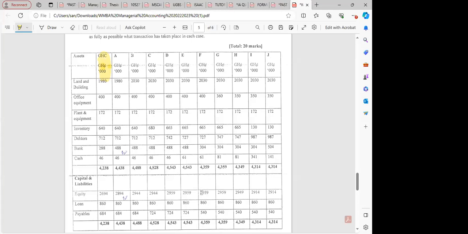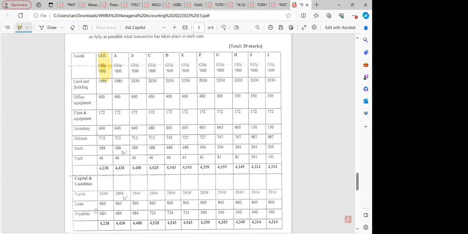If we go down, equity is the same, loan is the same, but payable, which was 724, has gotten to 540. Payable is those that we owe, those that you have bought goods from on credit and have promised that you pay later. You were owing them 724.